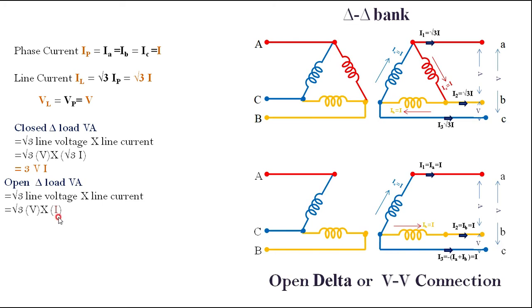The line voltage remains the same, V. The line current, previously root 3 times I, is now only I. Previously for the closed delta I substituted line current as root 3 times I, whereas in the open delta the line current is the same as its phase current, therefore it is I.